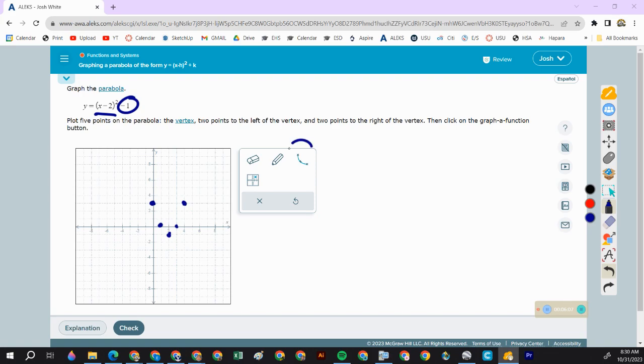And then we push this button, and we'll draw a parabola. If you push graph and you get something that doesn't look like a parabola, that means one of your points is wrong. It has to be a parabola. A parabola is the shape of the graph of an x squared equation.